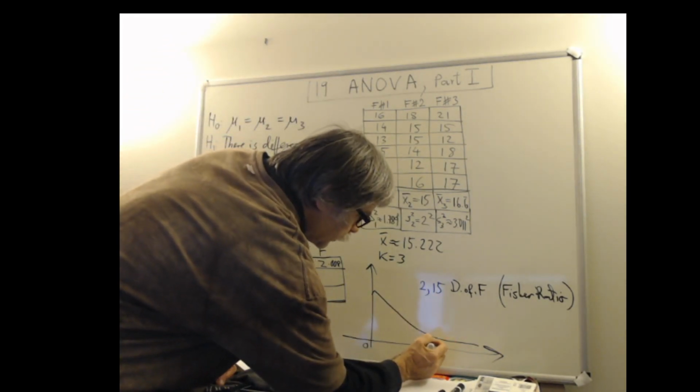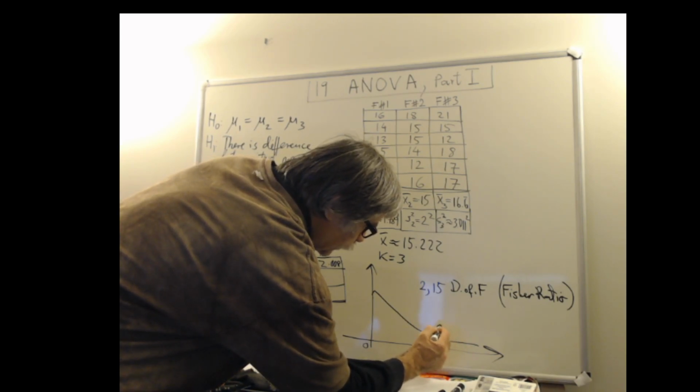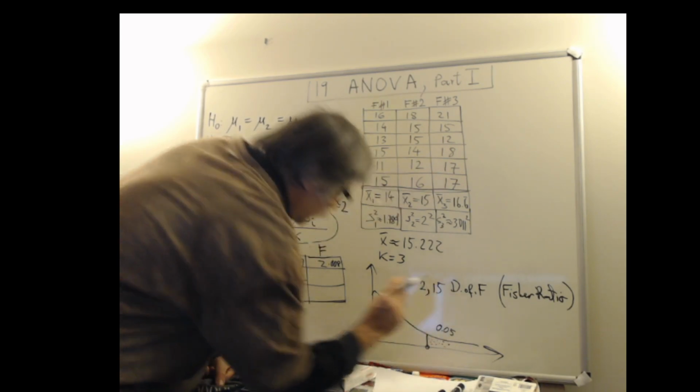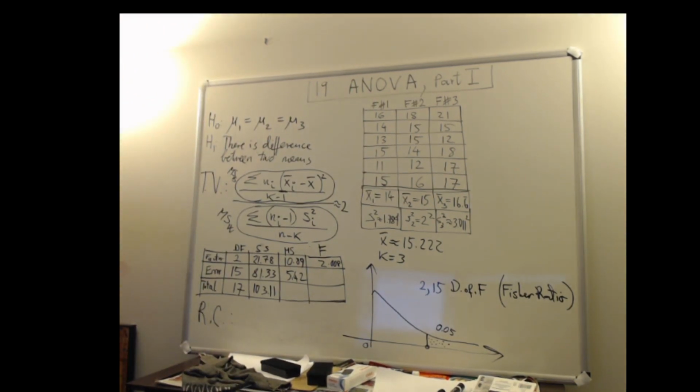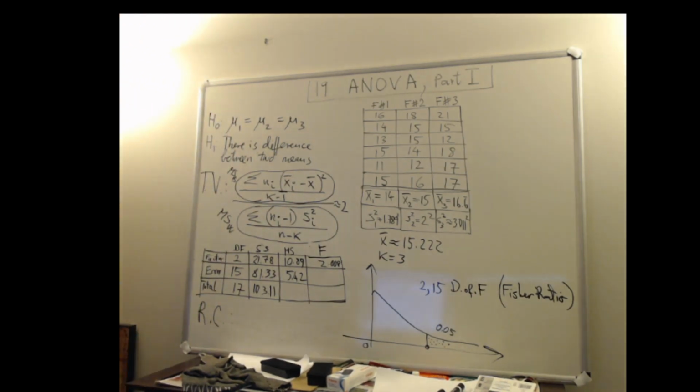Where is the start of the tail? And that tail is supposed to be 5% here. And again, the curve is supposed to be the 2 and 15 degrees of freedom Fisher ratio curve distribution. There's 2 degrees of freedom and 15 degrees of freedom. There are 2 types of degrees of freedom.